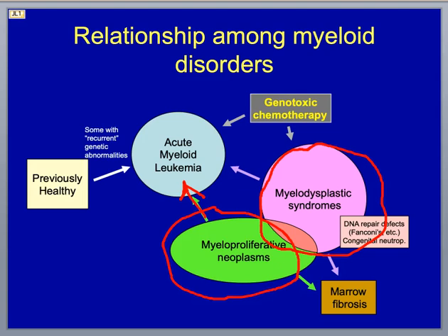So the old name pre-leukemia actually, I think, accurately described their relationship, and that there is some kind of stem cell abnormality that is latent within the cells, and they have the potential to develop into AML. In fact, I think the British historically called these smoldering leukemia, and that is a very apt way of describing their relationship. Okay, as Forrest Gump would say, that's all I'm going to say about that.